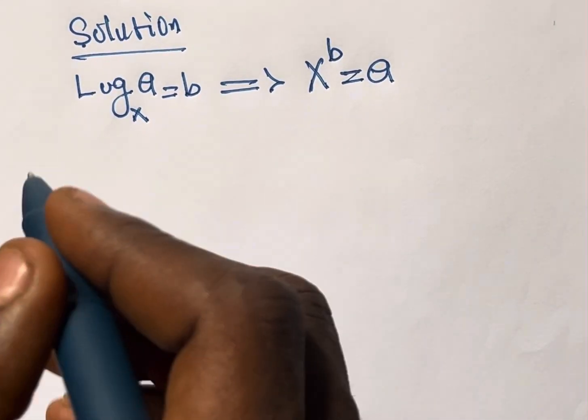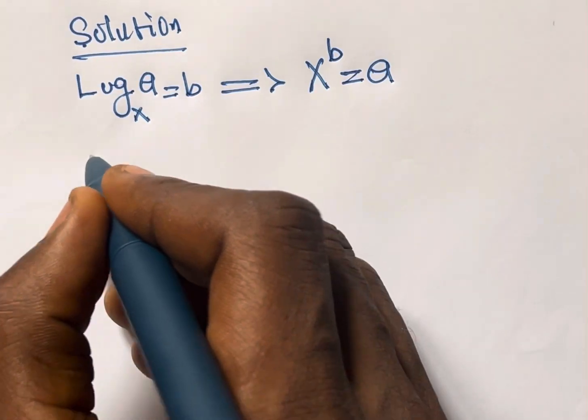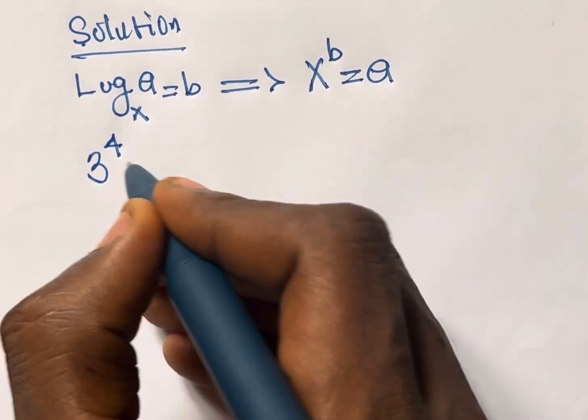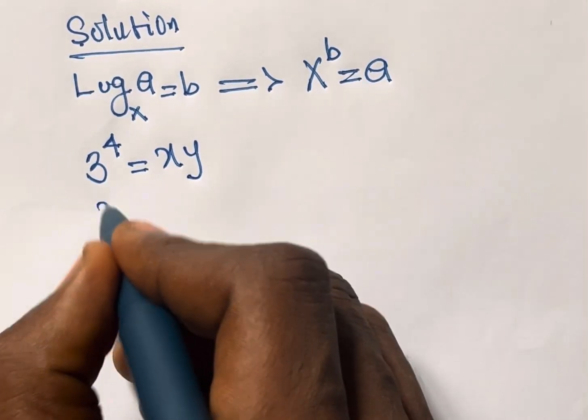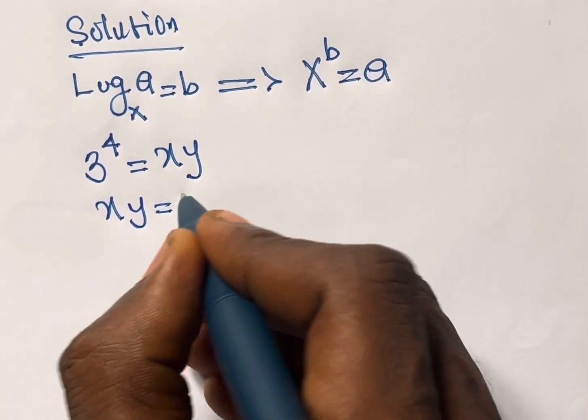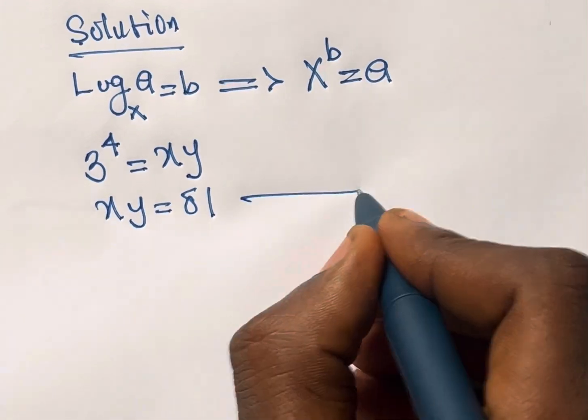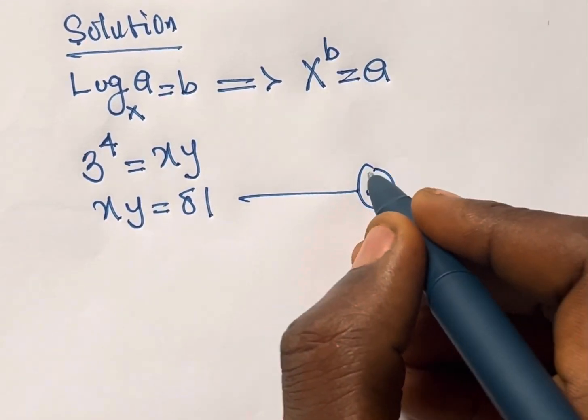Therefore, equation 1 becomes 3 raised to power 4 is equal to xy, which means that xy is equal to 81. Let's name this equation 3.